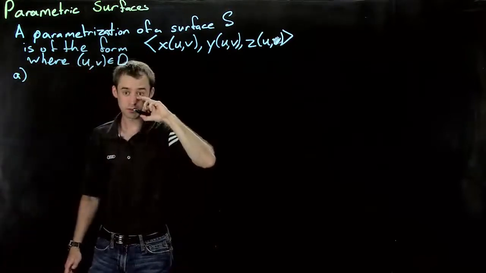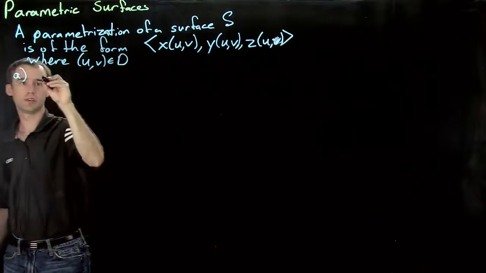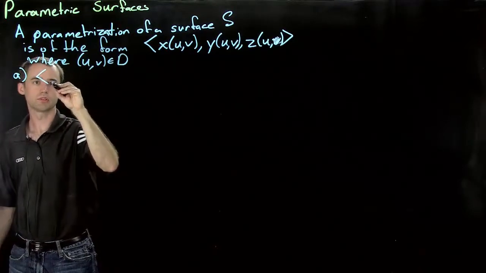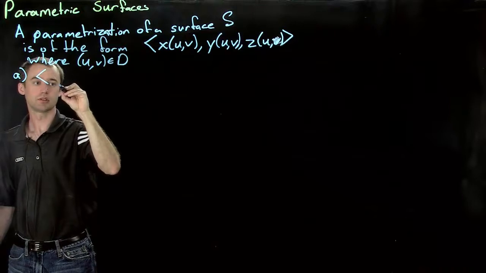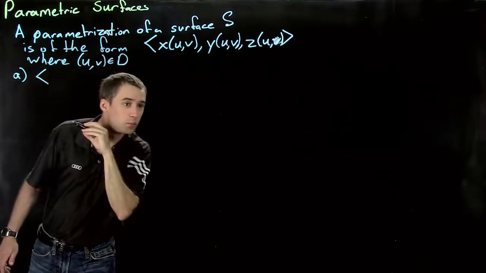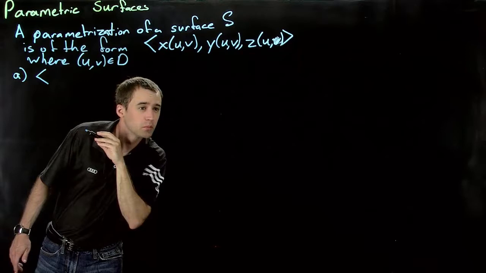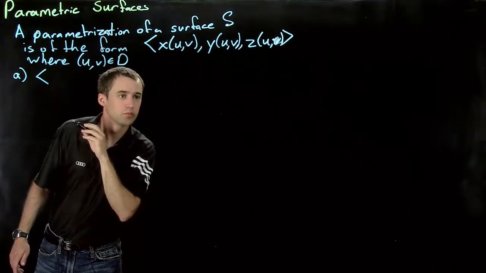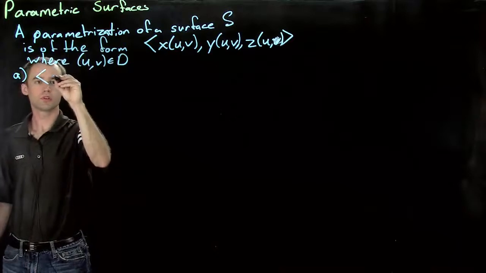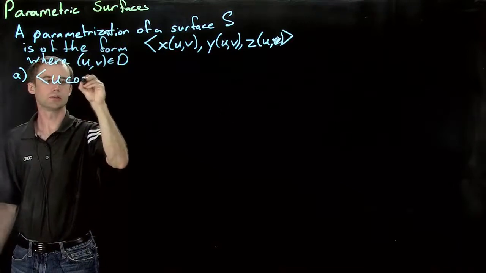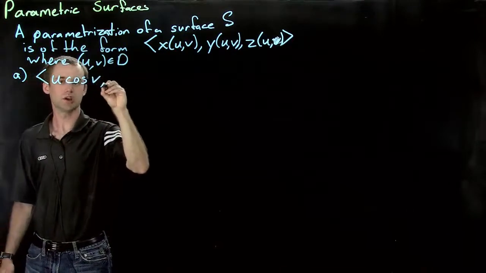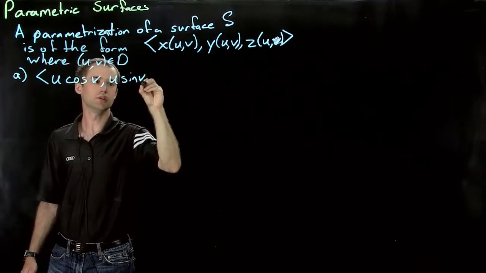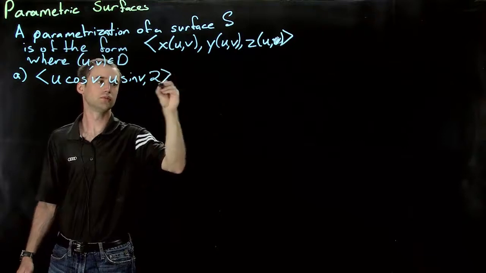Let's first of all consider the case like this, where we have u cosine v, comma u sine v, comma 2.